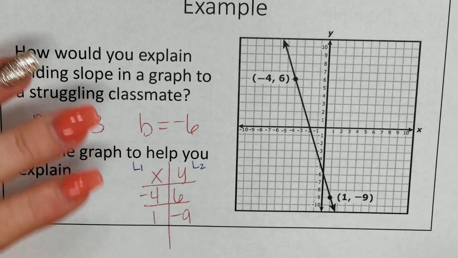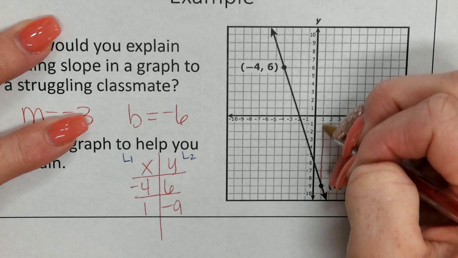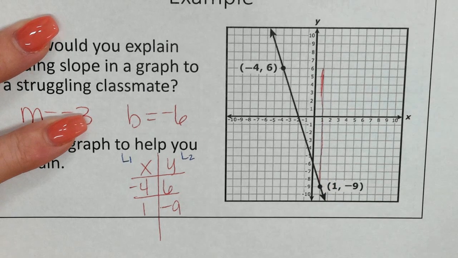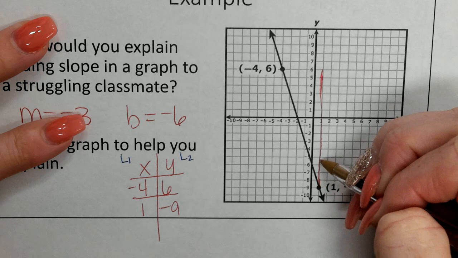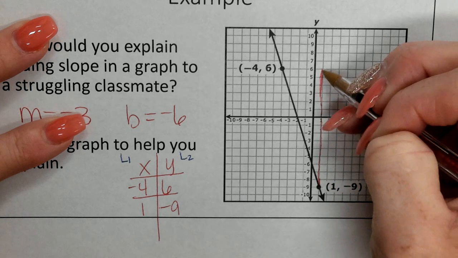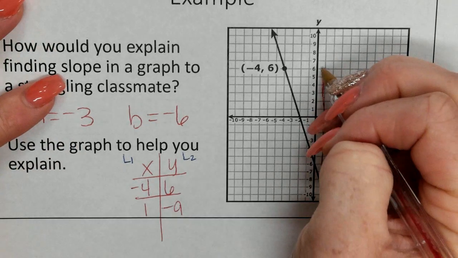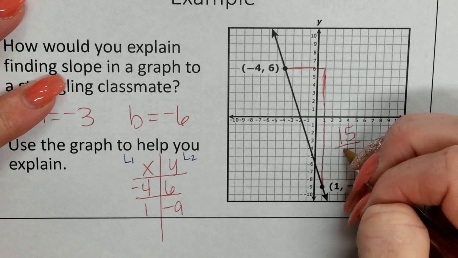Okay, if I wanted to do rise over run, I would have drawn a line straight up and counted the rise. 1, 2, 3, 4, 5, 6, 7, 8, 9, 10, 11, 12, 13, 14, 15. And my run, 1, 2, 3, 4, 5.